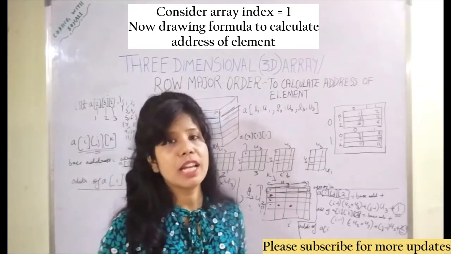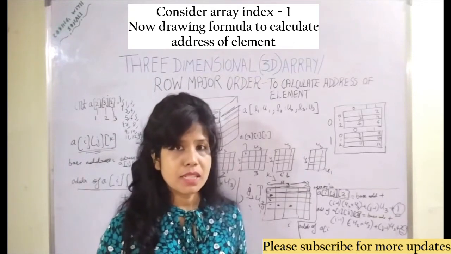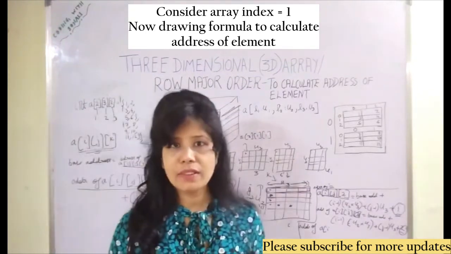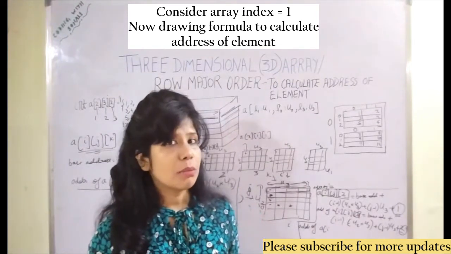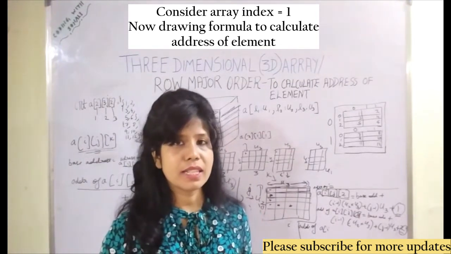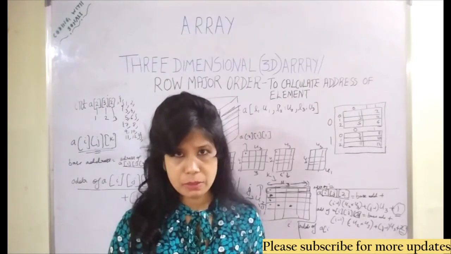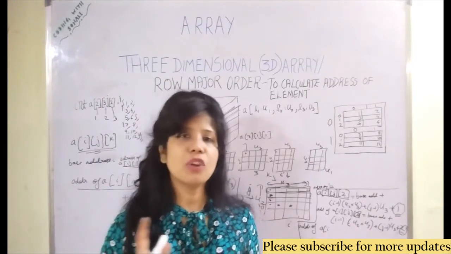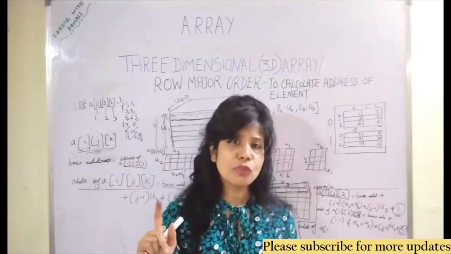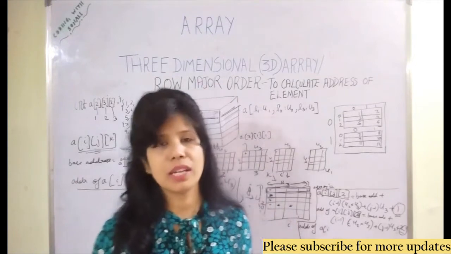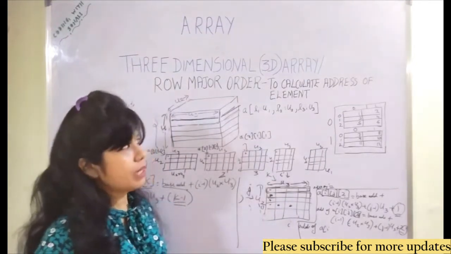I have told you, if we have a total of 4 elements and the indexing starts from 0, then the lower boundary will be 0 and the upper boundary will be 3. If indexing is from 1, the lower boundary will be 1 and the upper boundary will be 4. And if your indexing starts from 2, then from 2 till 5, 2 will be the lower boundary and 5 will be the upper boundary.